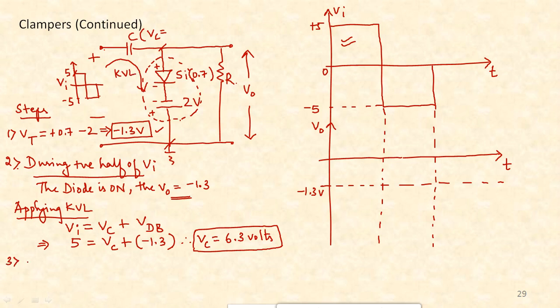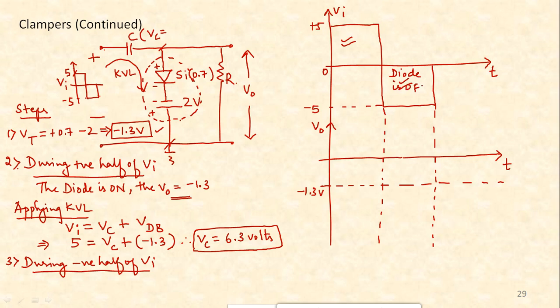Then during the negative half of Vi, in this case the diode is off, whereas during the positive half the diode was on.